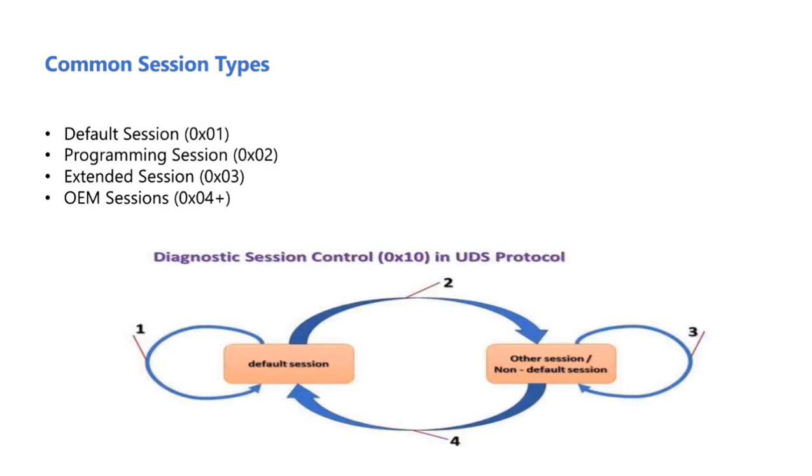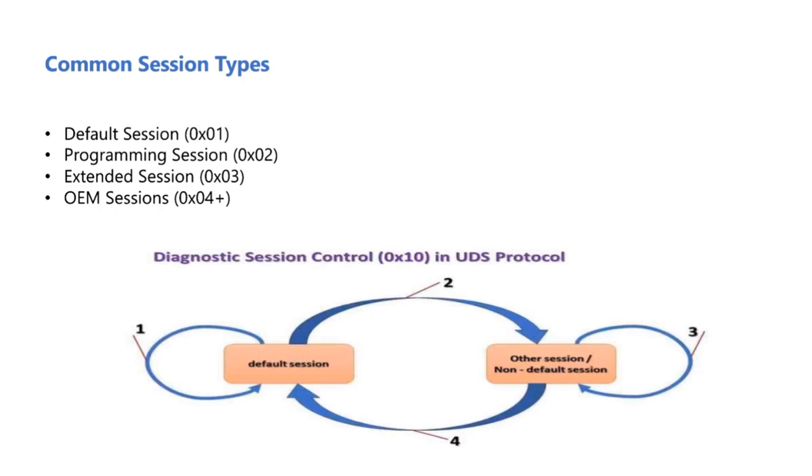The default session is the normal operating mode. The programming session is used during software updates and ECU flashing. The extended diagnostic session is used for advanced diagnostic operations. Manufacturers can also define additional sessions according to their needs. These are often called OEM specific sessions.